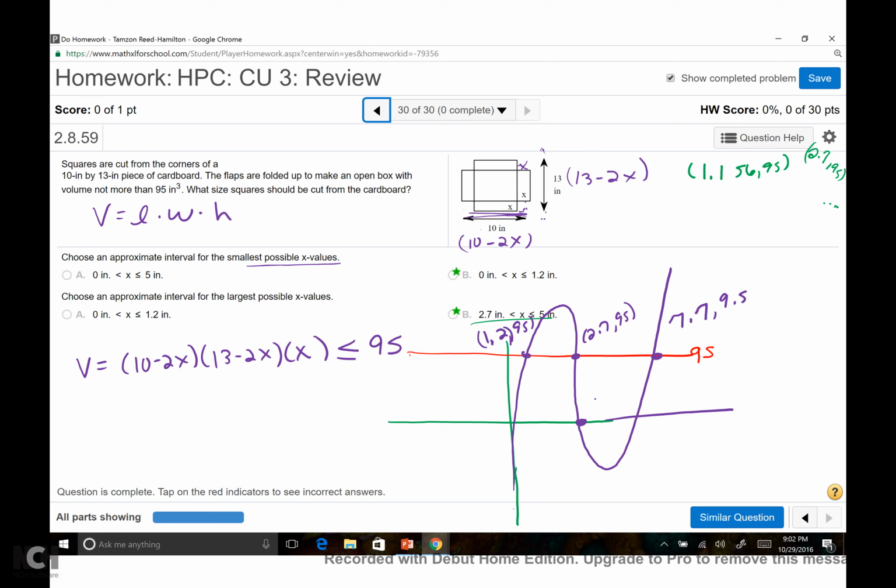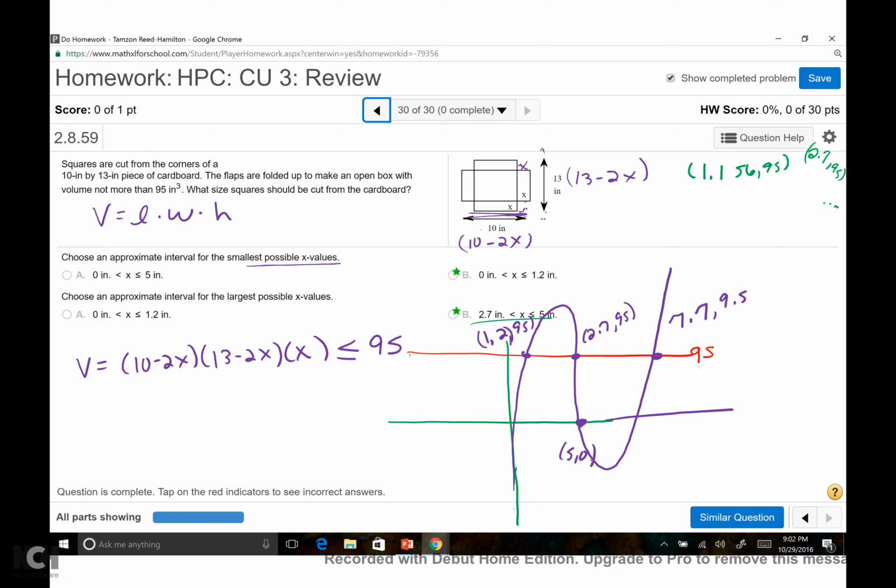If I calculate the 0, there it is. Right there's your 5. So it crosses at 5, 0.